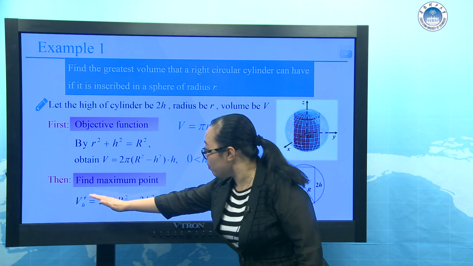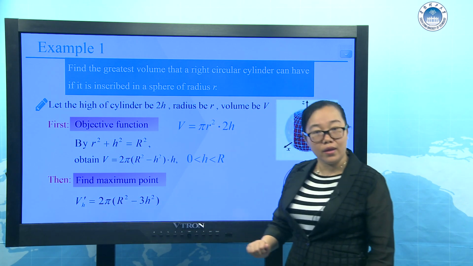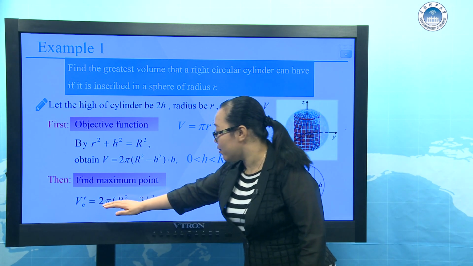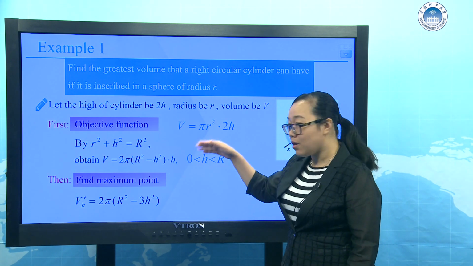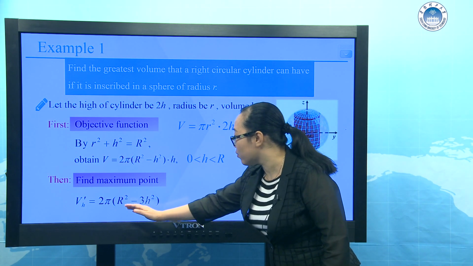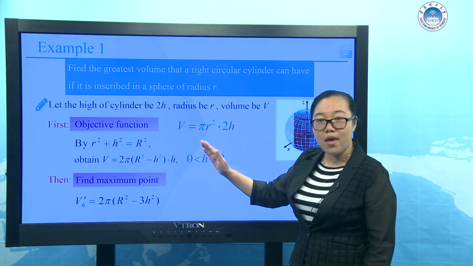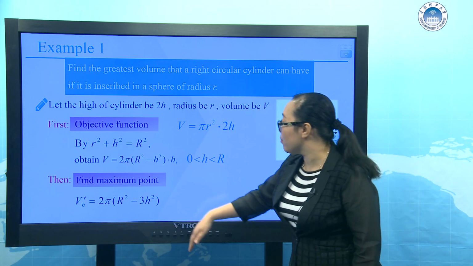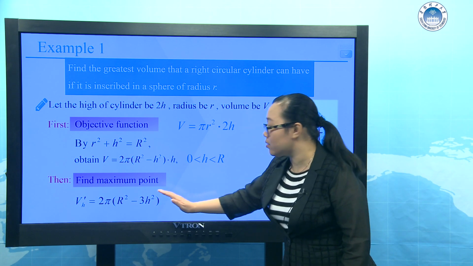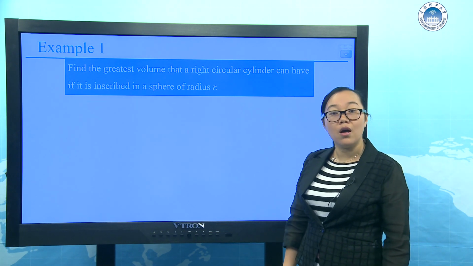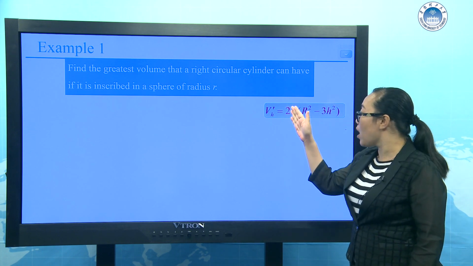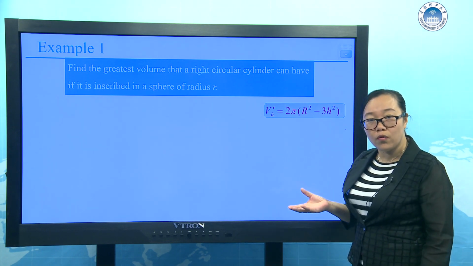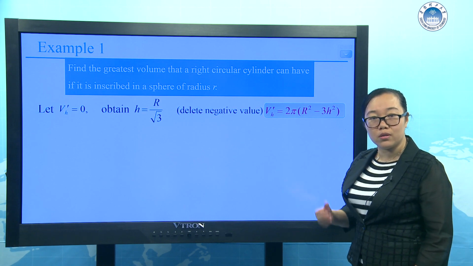So V prime with respect to h equals 2 pi, a constant, times the first term, R squared h prime, which equals R squared. The second term, h cubed prime, equals minus 3h squared. Correspondingly, we get our V prime of h. Try to find the critical point.